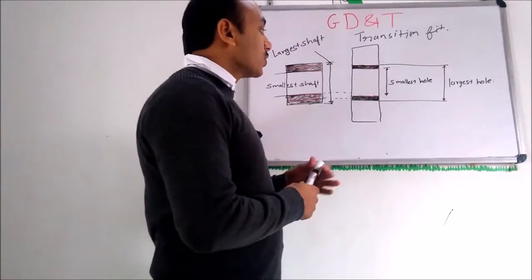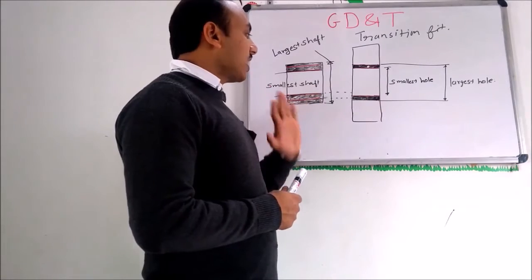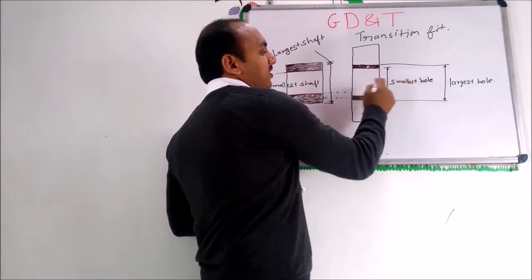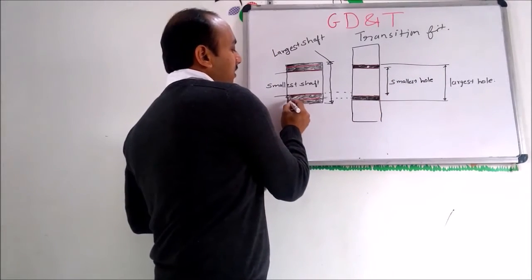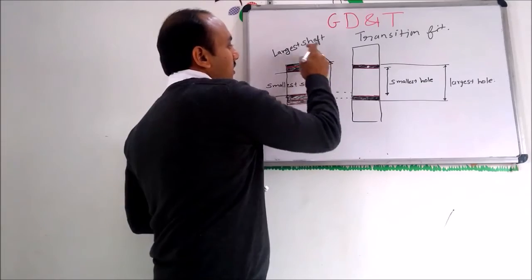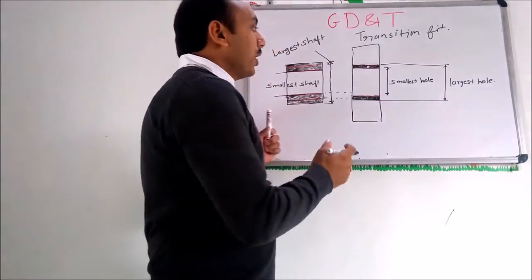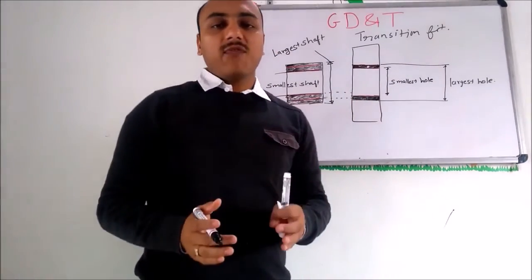So suppose these are the tolerance zones on the hole and shaft, and the hole is manufactured at its smallest limit, that is the smallest diameter of the hole, and the shaft is manufactured somewhere here, that is near the largest size of the shaft. So when we assemble this, we are going to get an interference fit.